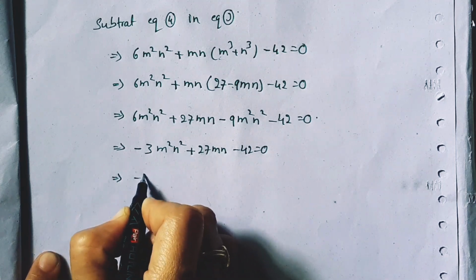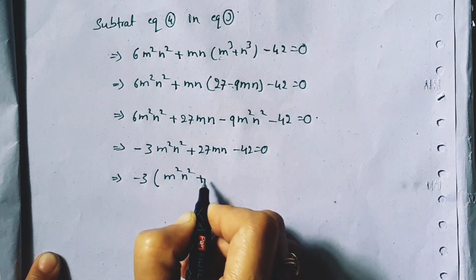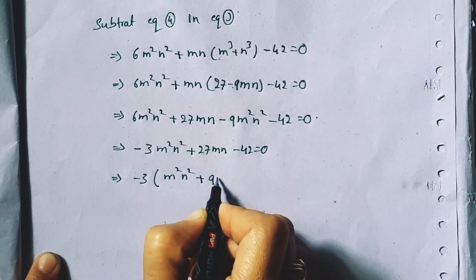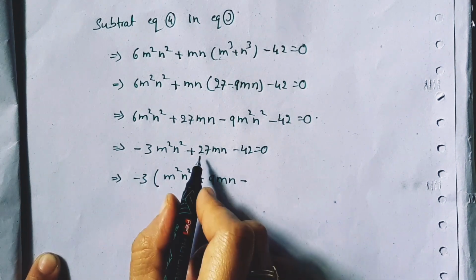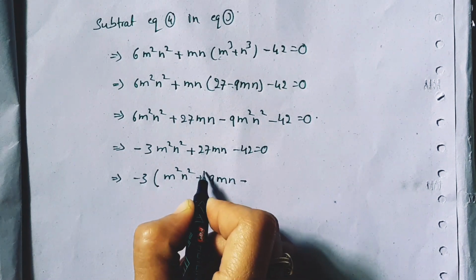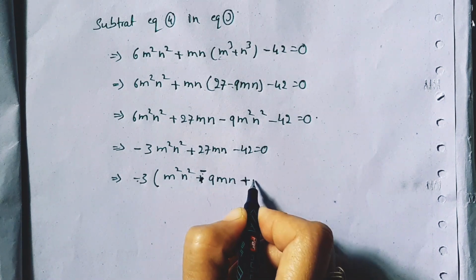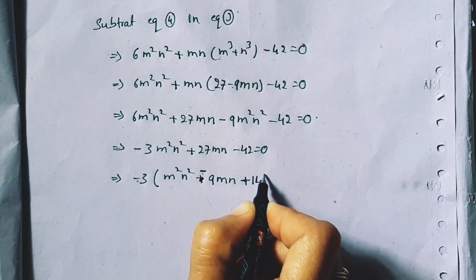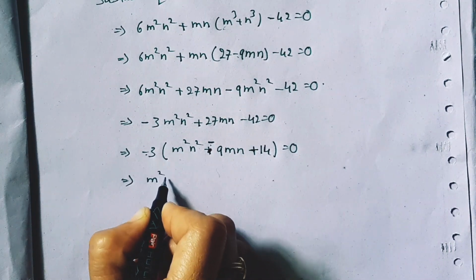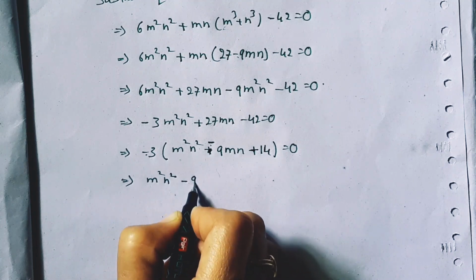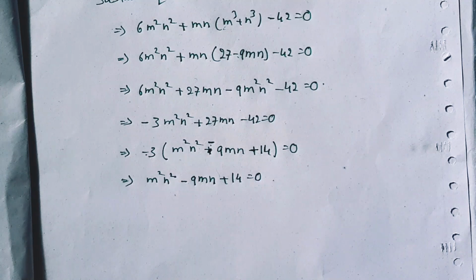Here I am taking minus 3 as common, then m square n square, and 27 divided by 3 is 9, means 9mn, sorry, here it takes the minus sign. Minus of minus is plus, then plus into minus is minus, 14 threes are 42, equal to 0. Therefore we get m square n square minus 9mn plus 14 equal to 0.